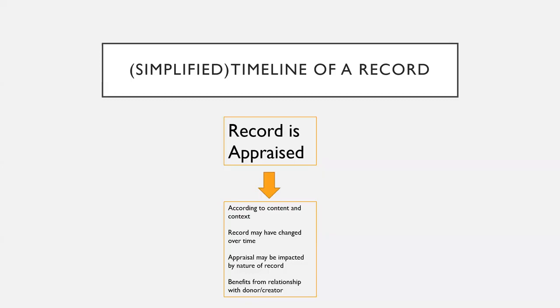It's important to note that appraisal may be impacted by the nature of the record. So if a record is in a format that is difficult for archivists to access, say it's on an obscure type of film, or say the information is in a file format that is difficult for archives to access, then that can make appraisal more difficult.